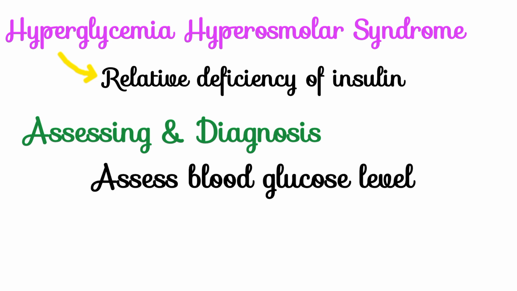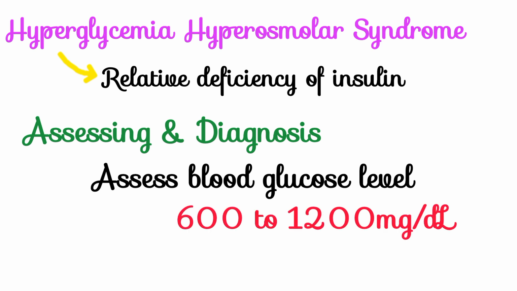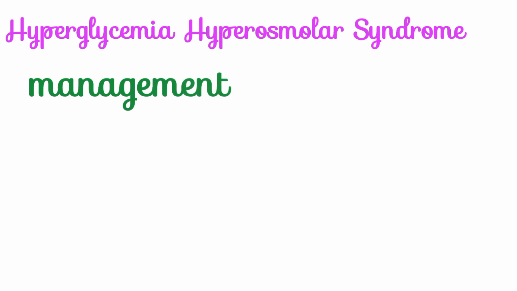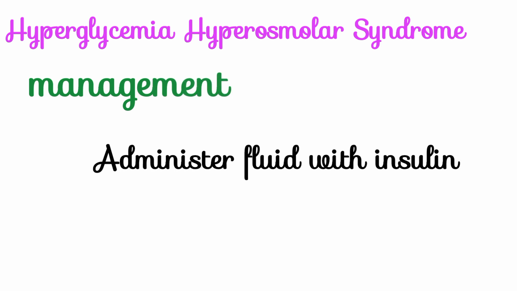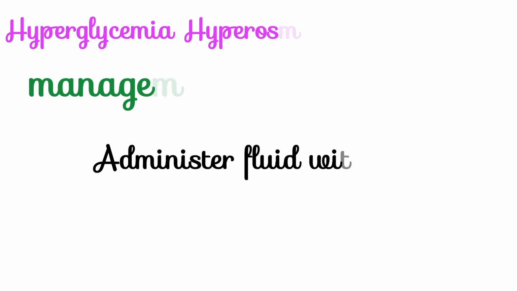In this metabolic disorder, the blood glucose level ranges between 600 to 1200 milligrams per deciliter. Other than blood glucose level, all other parameters like pH, bicarbonate level, electrolytes, and renal parameters are within the normal range. Management: for managing HHS, we have to administer fluid with insulin.